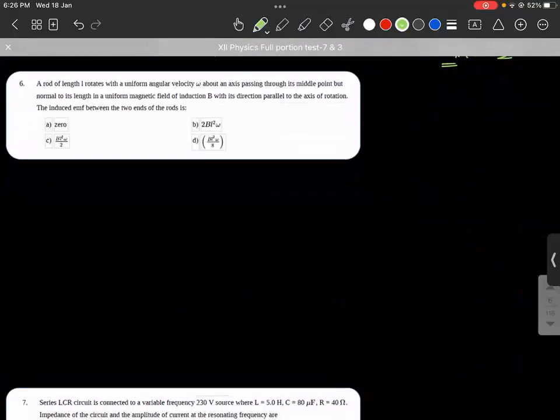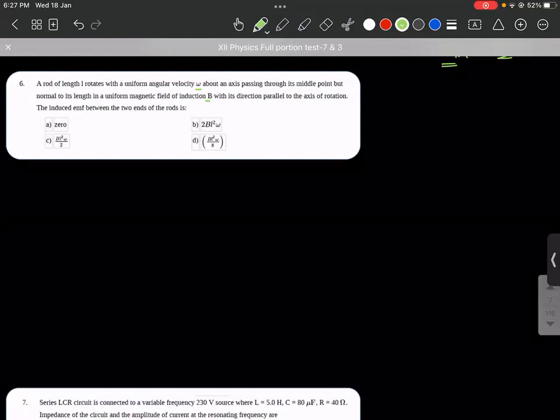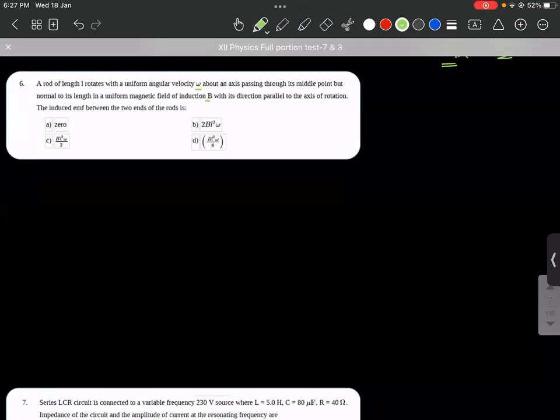A rod of length L rotates with an angular velocity omega about an axis passing through its middle point, but normal to its length, in uniform magnetic field of induction B with its direction parallel to the axis of rotation. The induced EMF is? Answer.